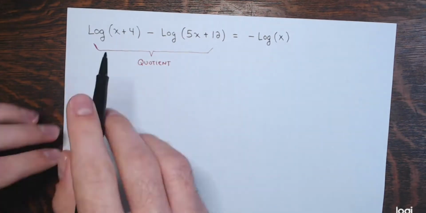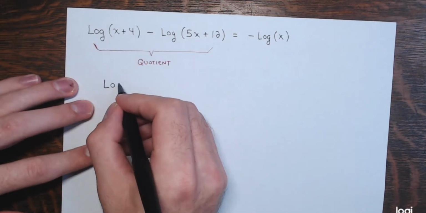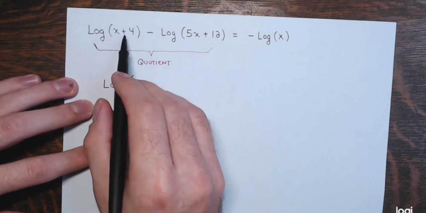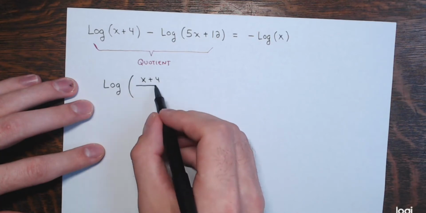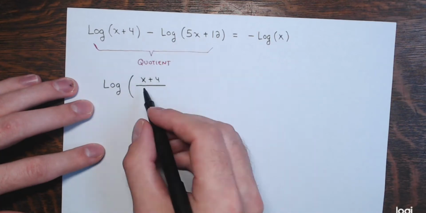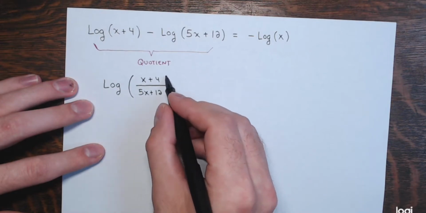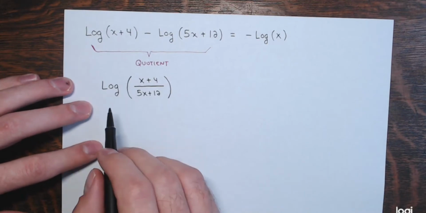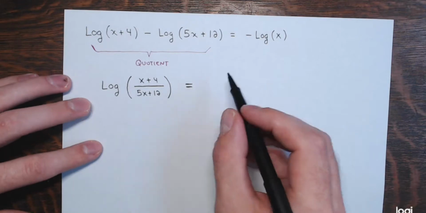Alright, and then log minus log becomes a single log. So the log of, and then the first argument is the numerator of the fraction, over, and then the second argument is the denominator. Right, so now the left side is a single log, equals, and the right side isn't yet.